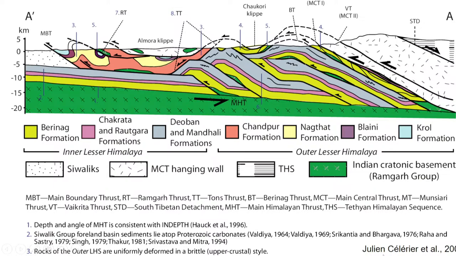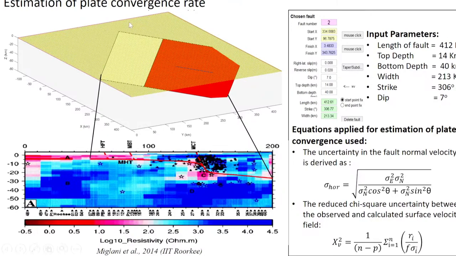This is given by Julian, published in 2009. So we have used this cross section to model our GPS data to understand the ongoing seismic activity and crustal deformation in this area. We have used the Okada Green function, and this is the MT section.